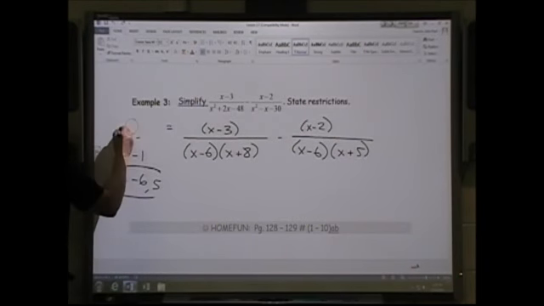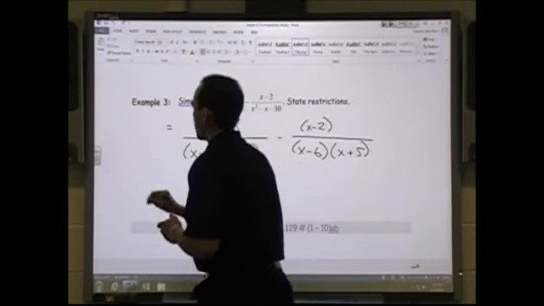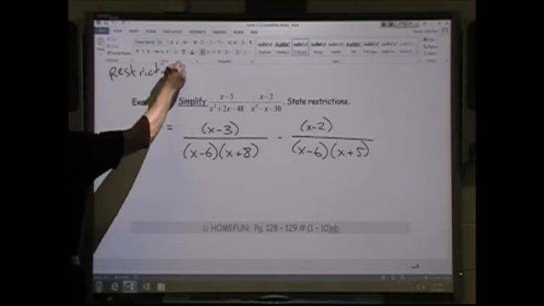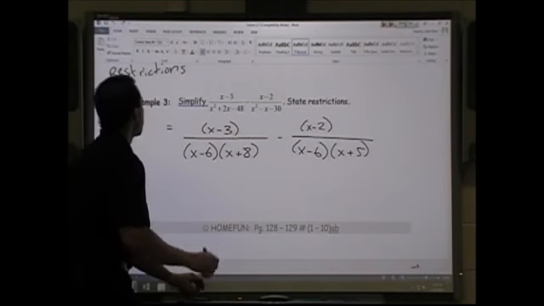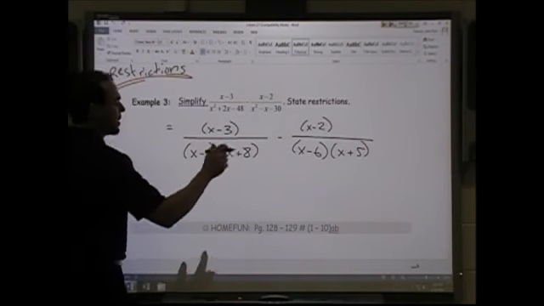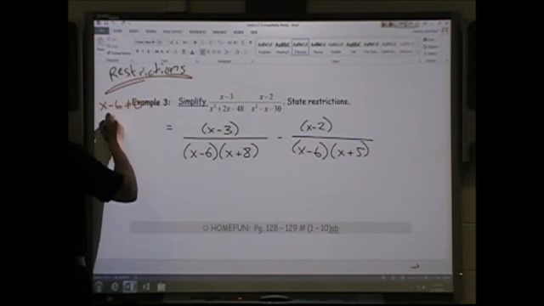Now, the second step always is state restrictions. So over here, I'll state my restrictions. Again, all of the denominators cannot equal 0. So that x minus 6 cannot equal 0, which means x cannot equal positive 6.